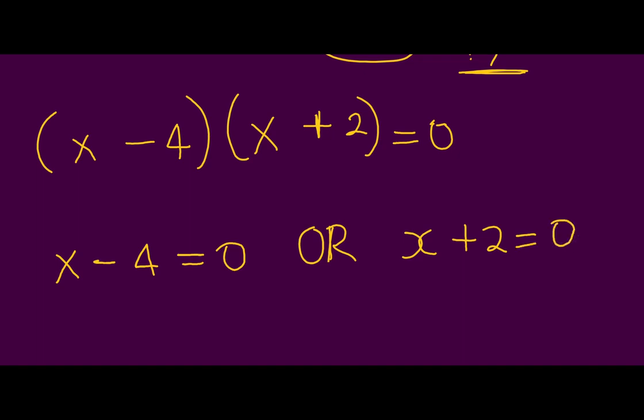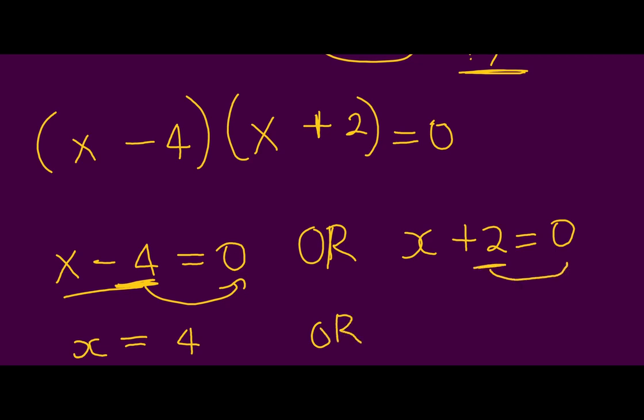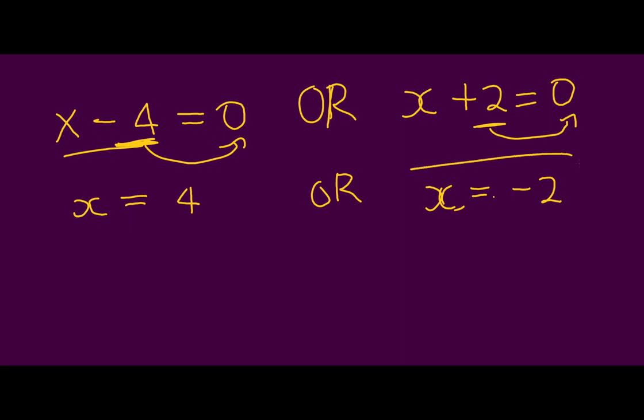Then this becomes x. The negative 4 goes to this side, changes the sign, becomes 4. And then, this positive 2 goes to the other side, it becomes a negative. This is x equals negative 2. And these are your x values.